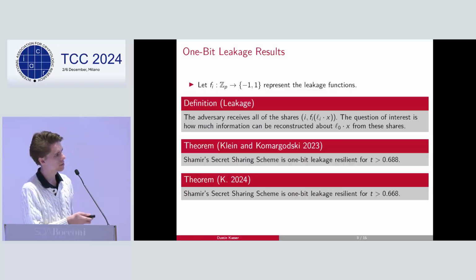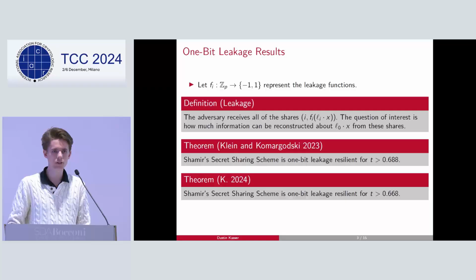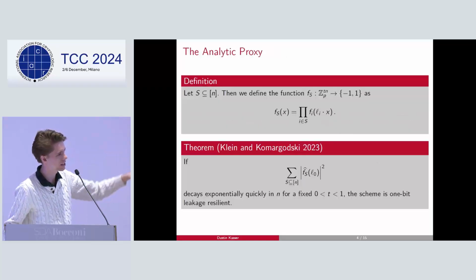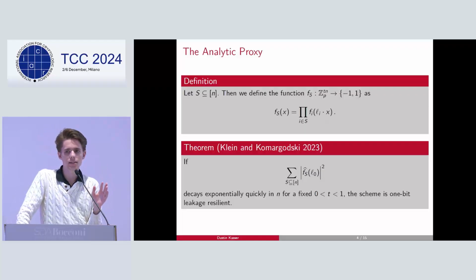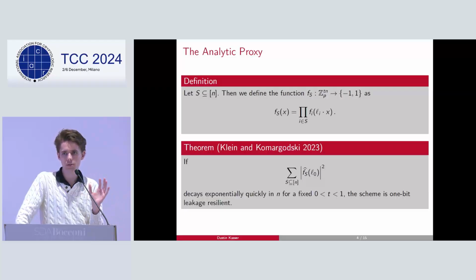Okay, so the analytic proxy that they found is this F_S object, where they're summing over the products of all these leakage functions. What this Fourier transform, this F_S hat, means is that if you take a whole bunch of your leakage functions and multiply them all together, you would hope that they have some kind of structure that correlates well with the secret, because you're trying to recover the secret as the adversary.